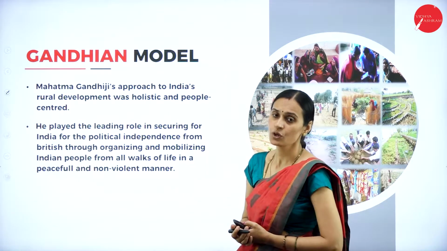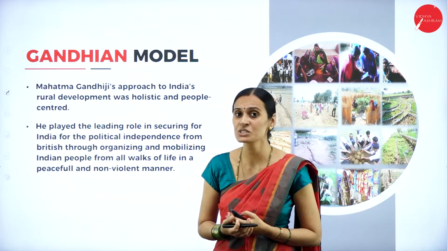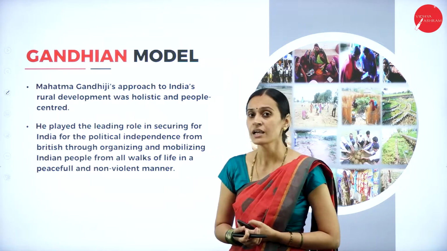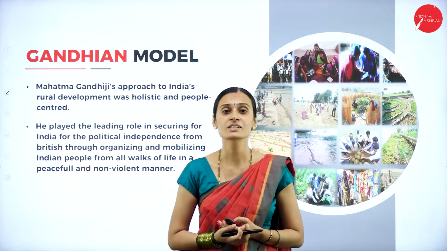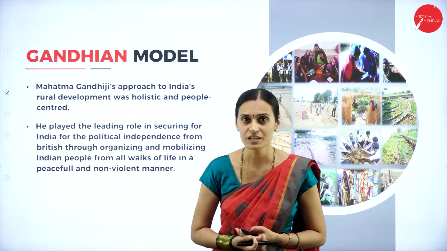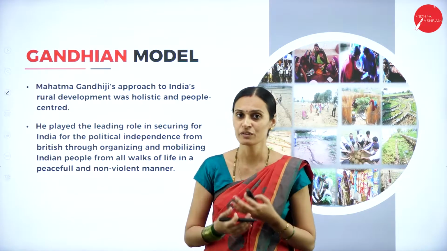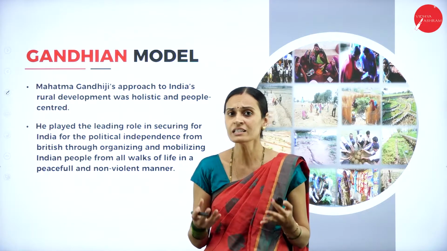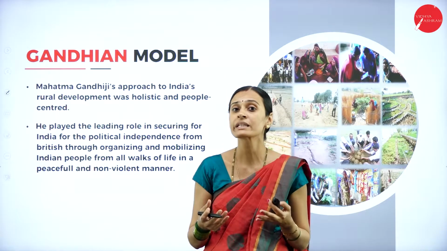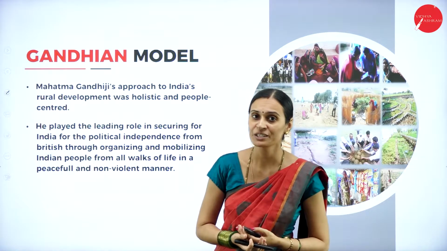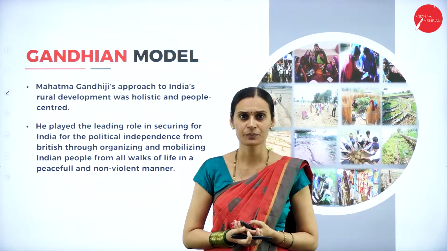The Gandhian model is one of the important models, considered a milestone in rural development. Mohandas Karamchand Gandhi, who is called the father of our nation, focused on the rural development of our country. The real development of our country is indicated only by rural development, not industrialization or urban sector development.